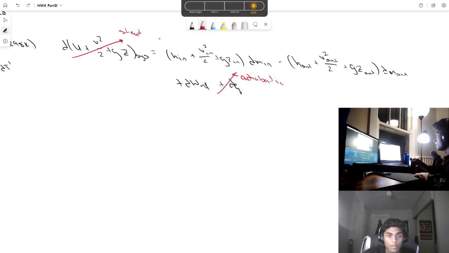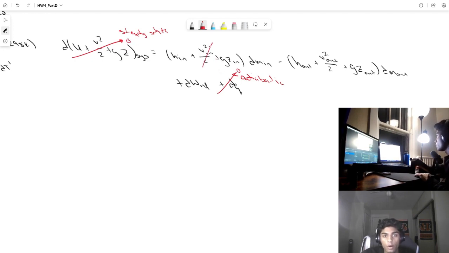So this is going to be 0. And we're also assuming that our potential and kinetic energies are also approximately going to be 0. There's not a lot of change in that.